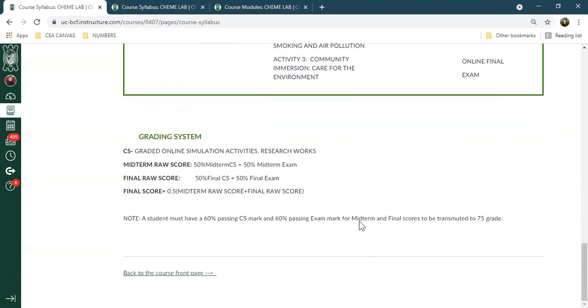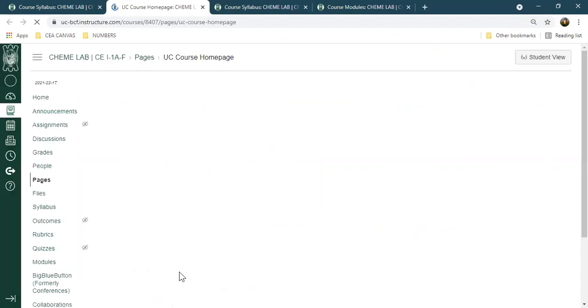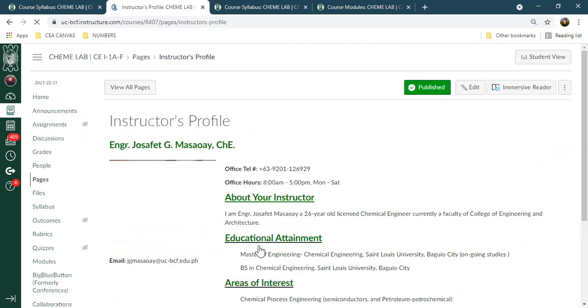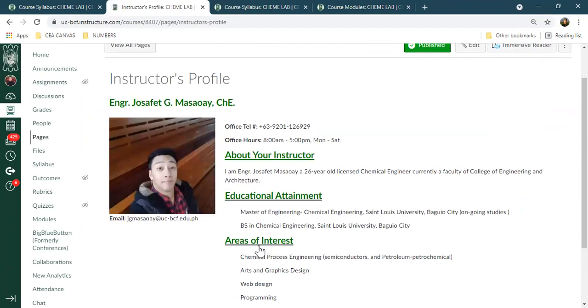Now let's proceed to our front page or home page. Let's click Instructor's Profile. I am your instructor for this course. I am Engineer Joseph G. Masaway. I am a licensed chemical engineer.